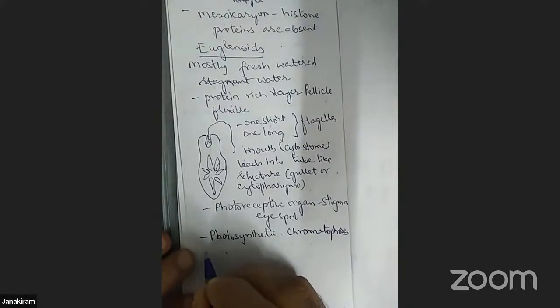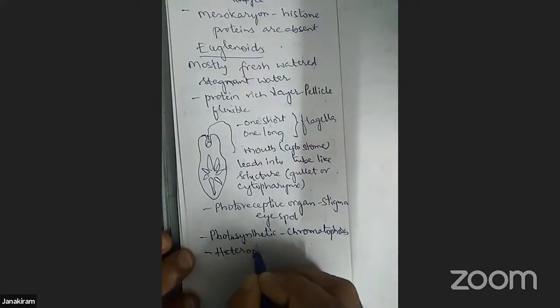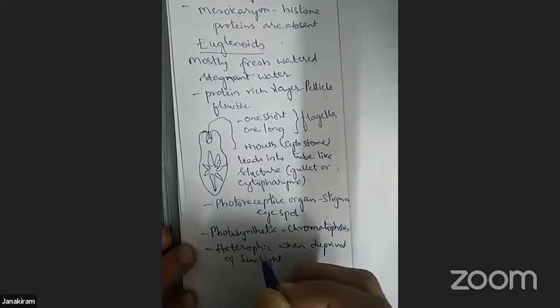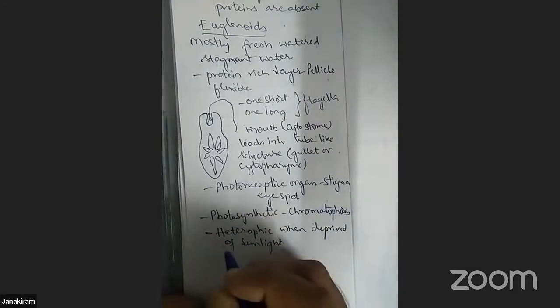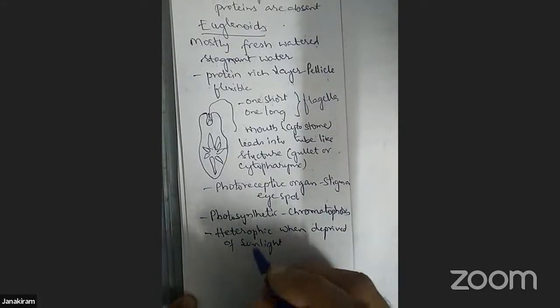And whenever light is not available, that is when deprived of sunlight, they behave like heterotrophs. These are identical to the higher plants because of this photosynthetic nature.